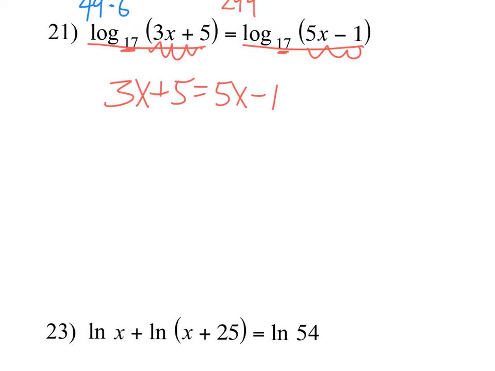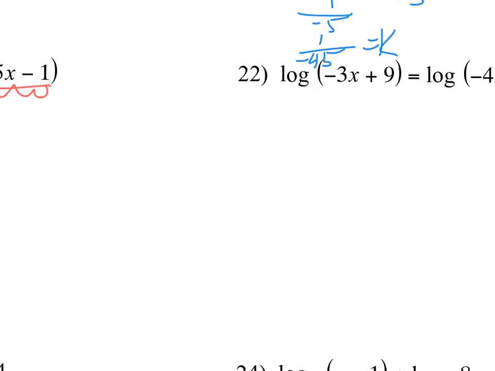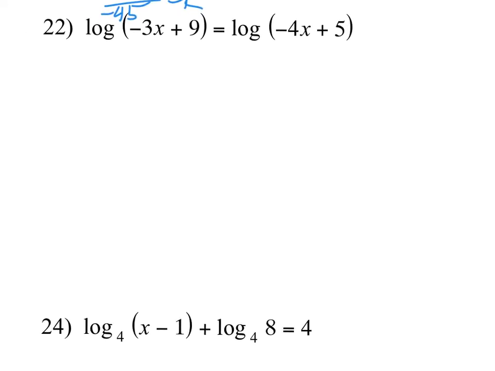If I add 1 to both sides, subtract 3x from both sides, we get 2x is equal to 6. That means that x is equal to 3. If I plug that back in, we get log base 17 of 14 equals log base 17 of 14. And it works.